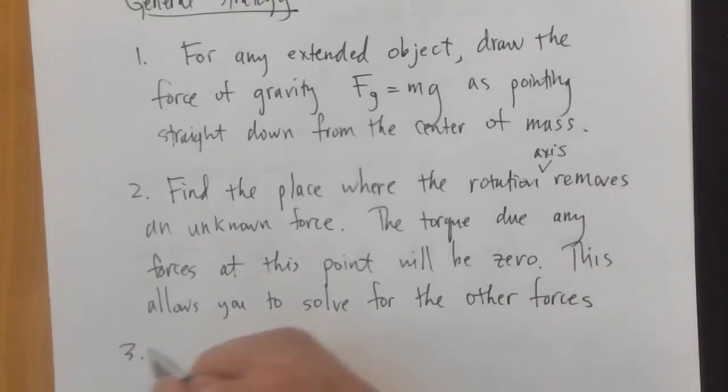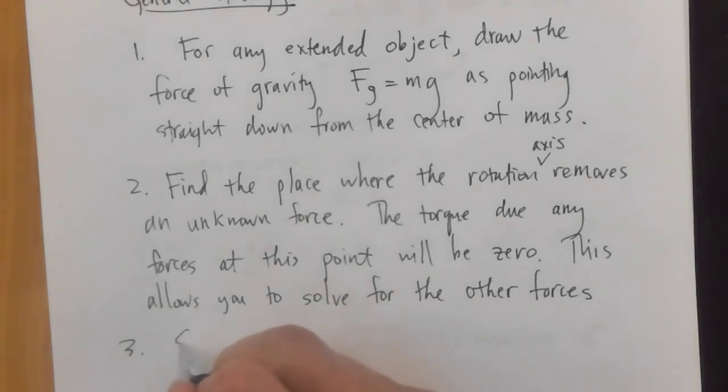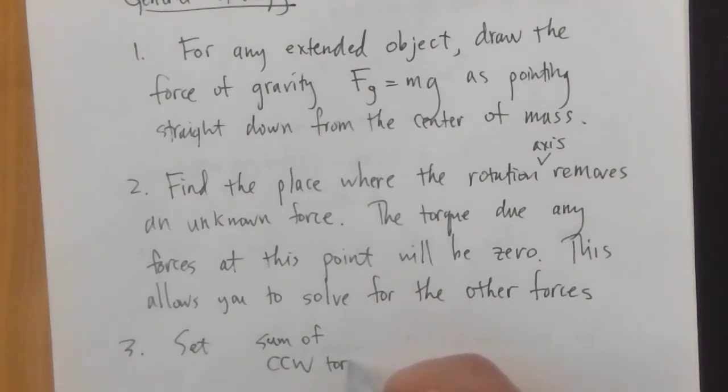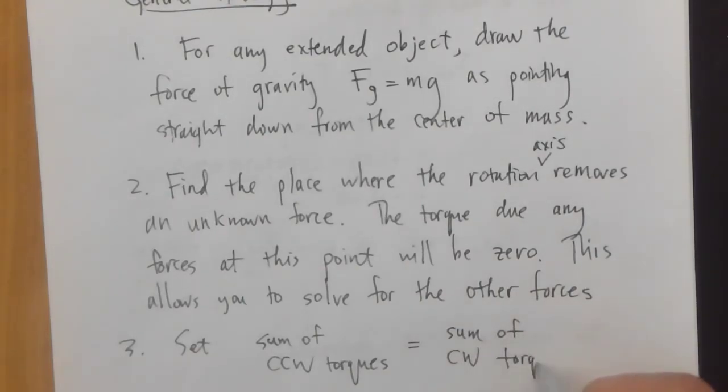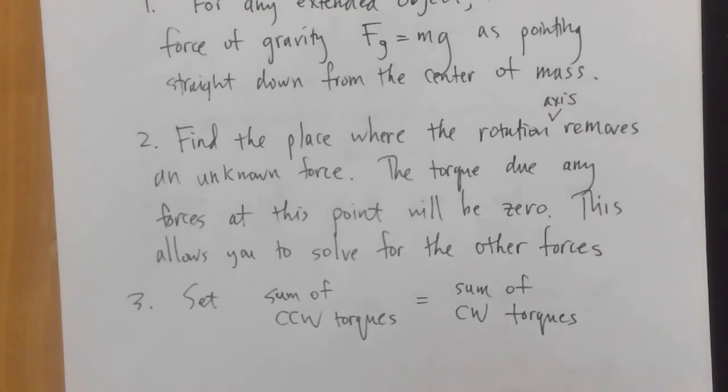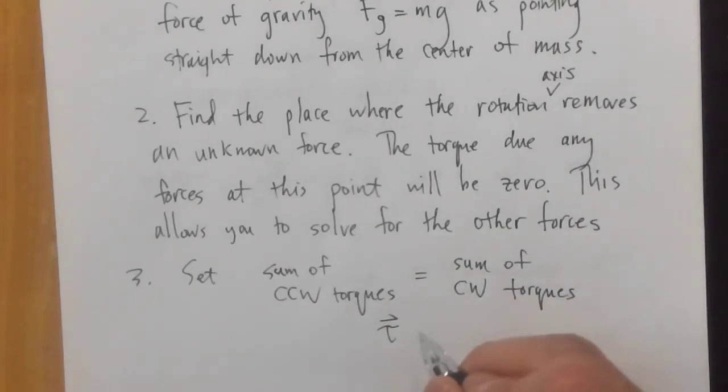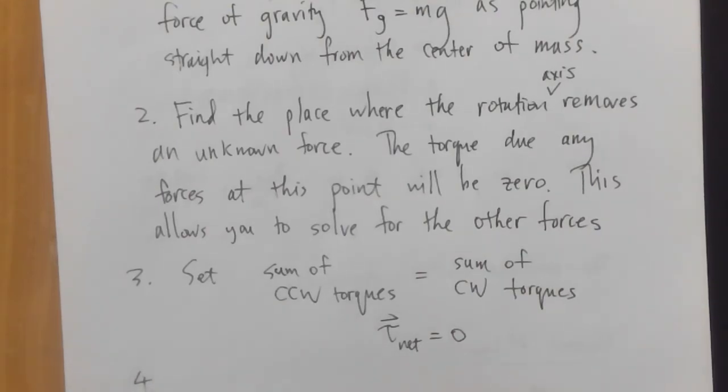And then the third step is to set the sum of the counterclockwise torques equal to the sum of the clockwise torques. In other words, you set the net torque equal to 0. And then if necessary, you also set F net equal to 0 and solve.